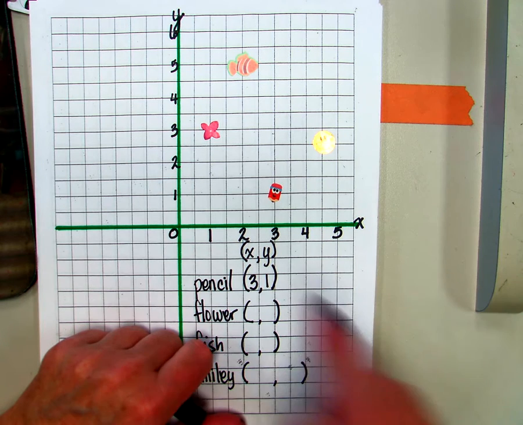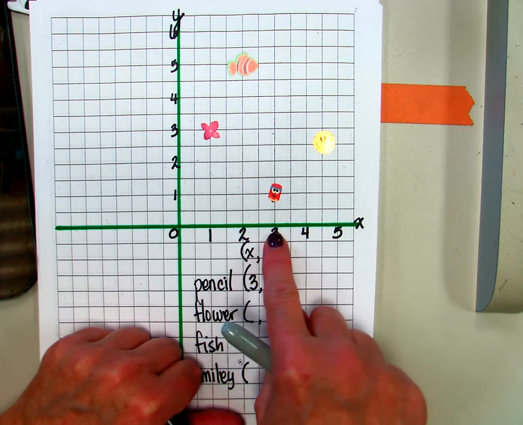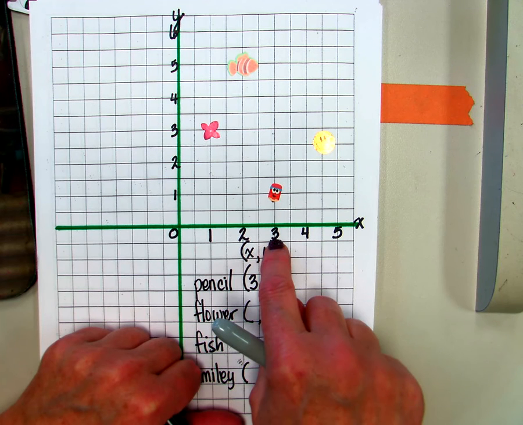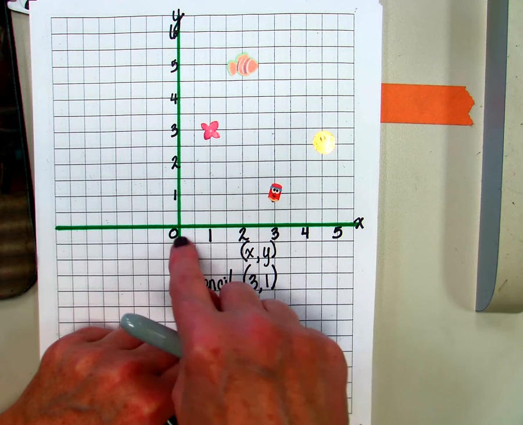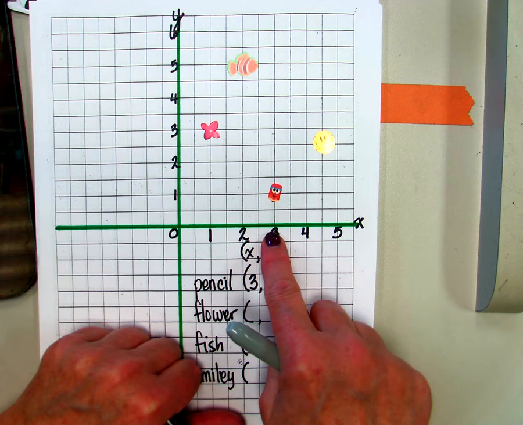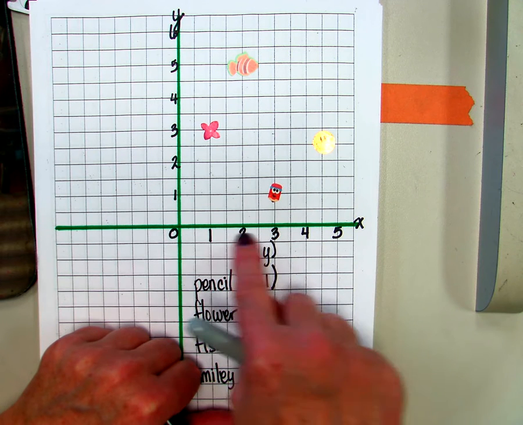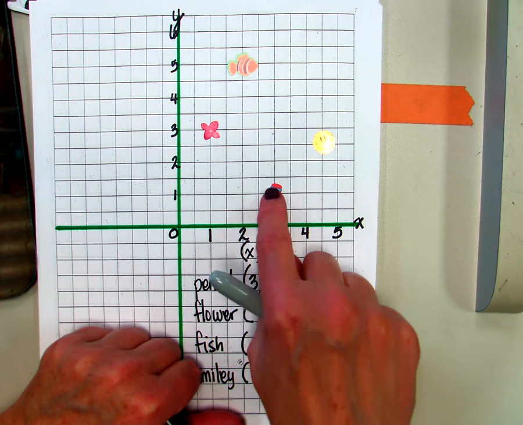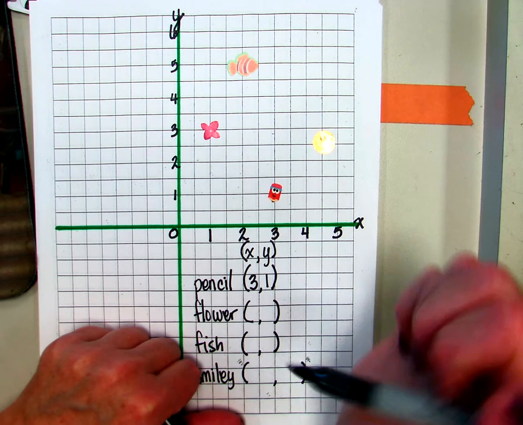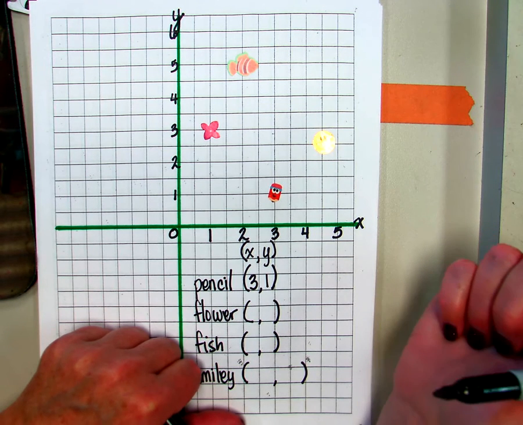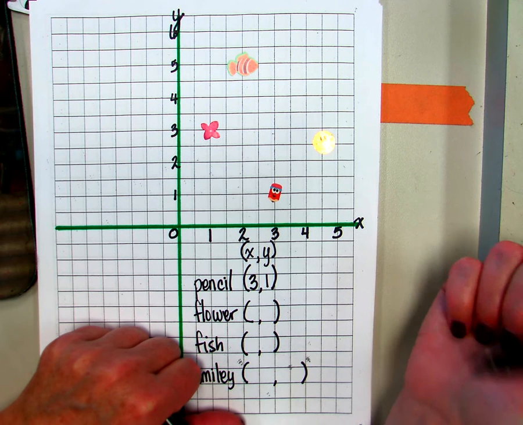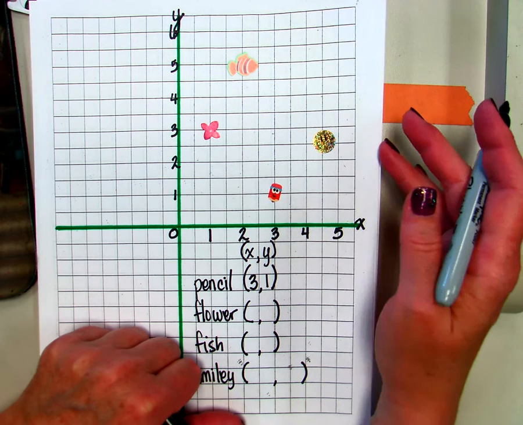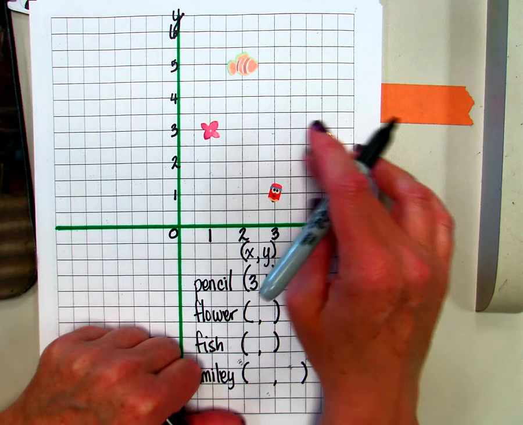You say, oh, Miss Cruz, go to the right, 3. If this was a direction, I would say go east 3 blocks, right? Because east is always to our right on the map. And then go north 1 block, because north is always up or away from us on a map.